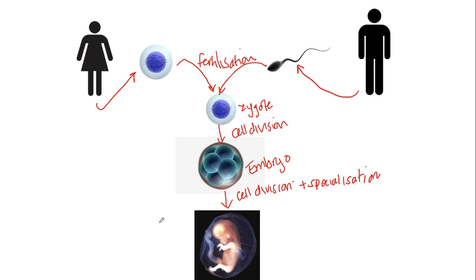And these are the processes involved in human reproduction. What we have there is a fetus which has all the organs it needs, and then that grows to become a baby at about 30 weeks pregnant. Okay, so that is human reproduction in a nutshell.